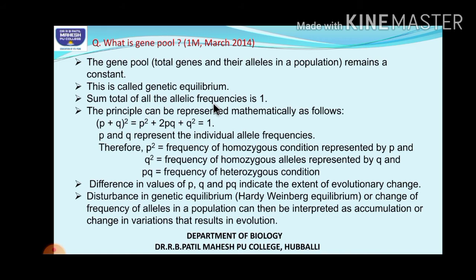Then the mathematical expression might be asked, children. What is the algebraic expression or mathematical expression given by Hardy-Weinberg to explain the process of evolution? So this is the expression you are writing, okay.